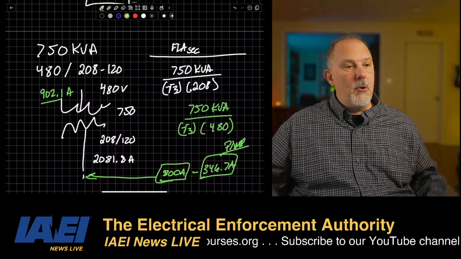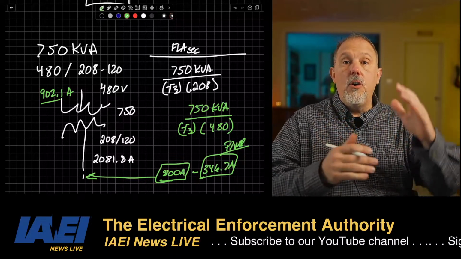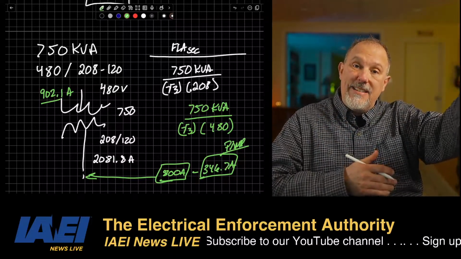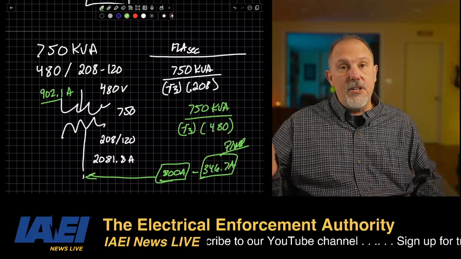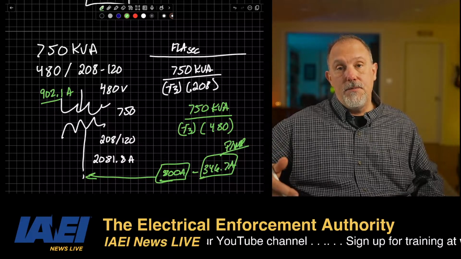Why might that be important? I might want to do selective coordination. I might want to know what my upstream overcurrent device will see for a secondary current of that value on a load current.